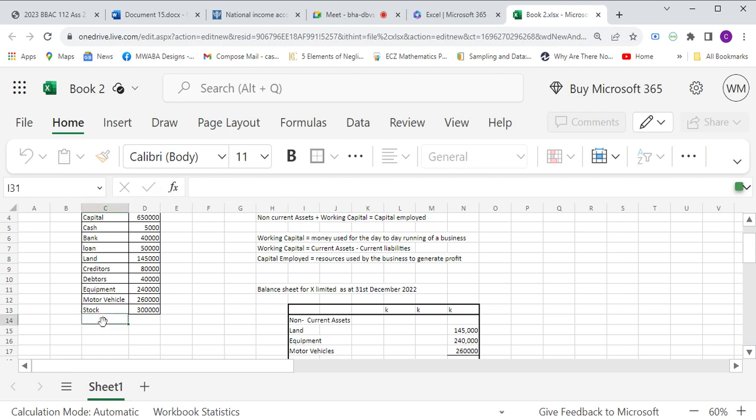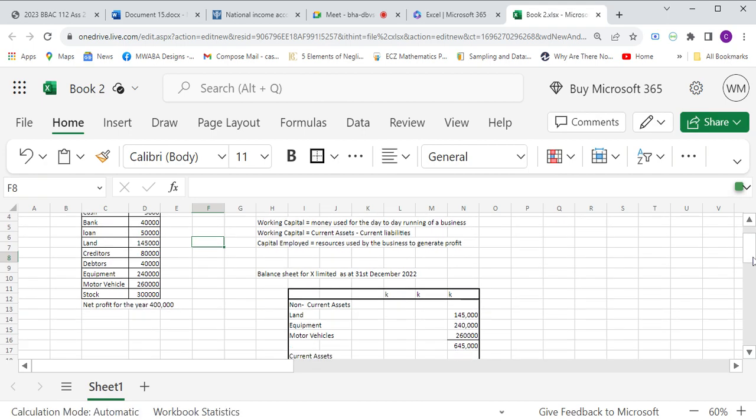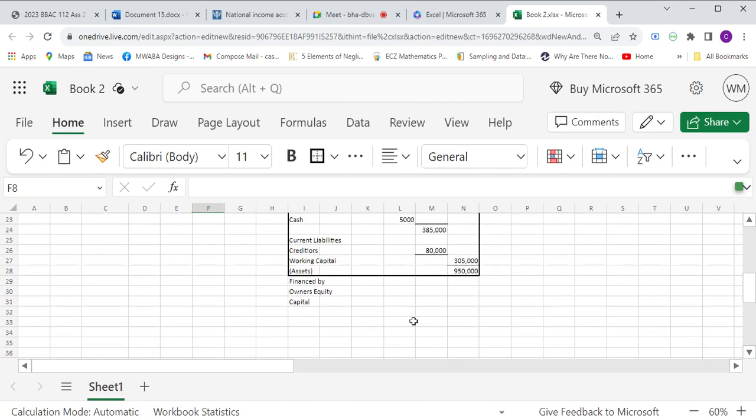650,000. Oh, I forgot to put one important point. The net profit for the year. This comes from the statement of profit or loss, right? You have to include it also in the balance sheet. You're always going to add it to capital. So net profit for the year is 400,000. So we're going to say owner's capital 650,000.